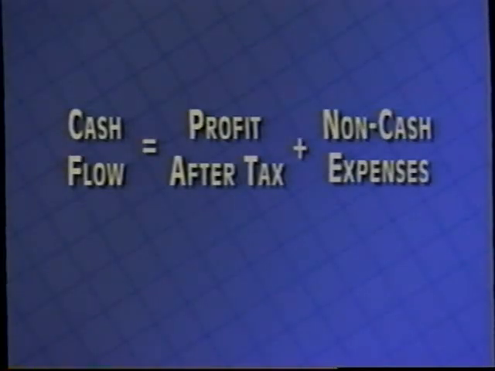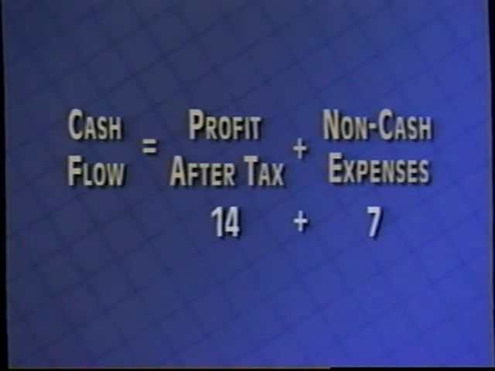So that, for example, if we looked at the XYZ company, our example again, we noticed that the profit after tax that they reported in 1995 amounted to some $14 million. To get to how much cash flow they generated, we would add back the non-cash expenses. The only obvious one in the income statement of XYZ is the depreciation charge of some $7,000.